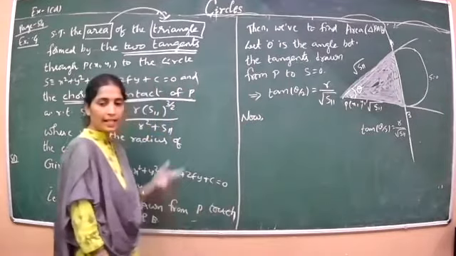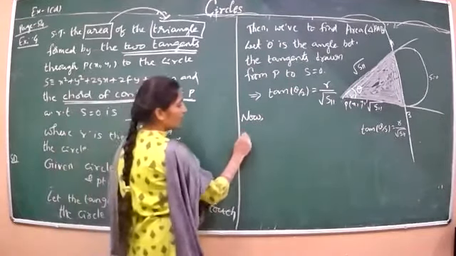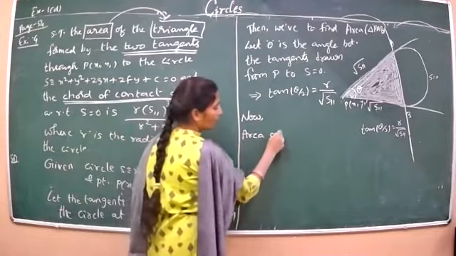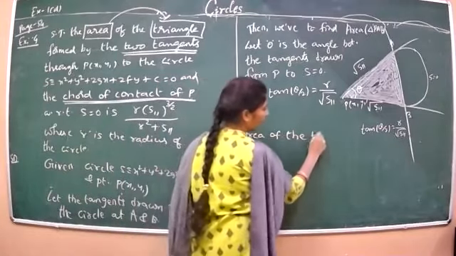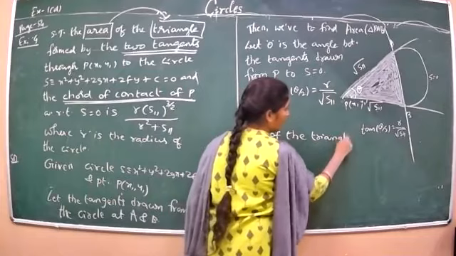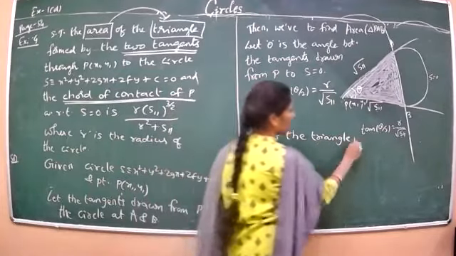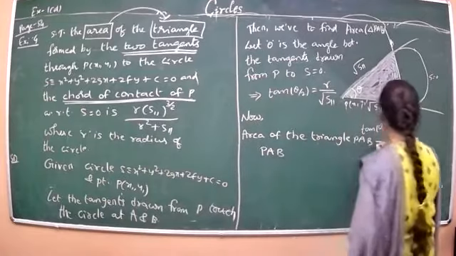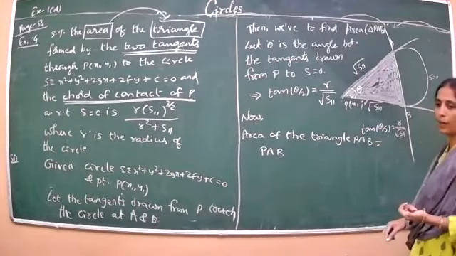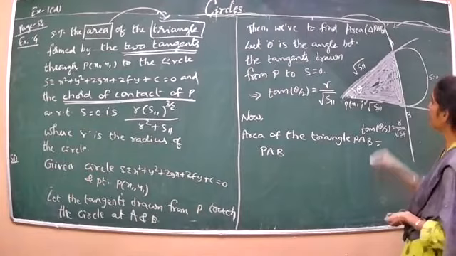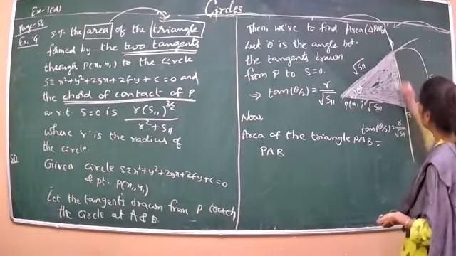Now, how can we find the area of the triangle PAB? We have the formula from our first year intermediate in triangles.